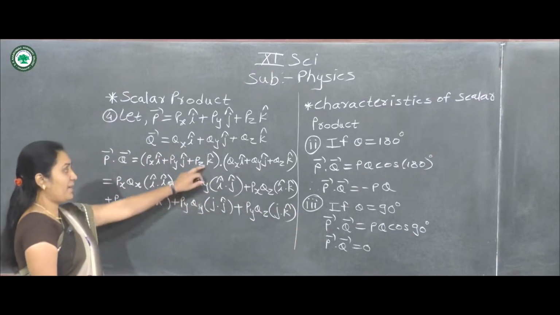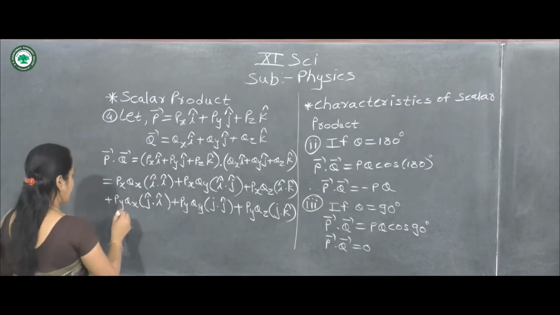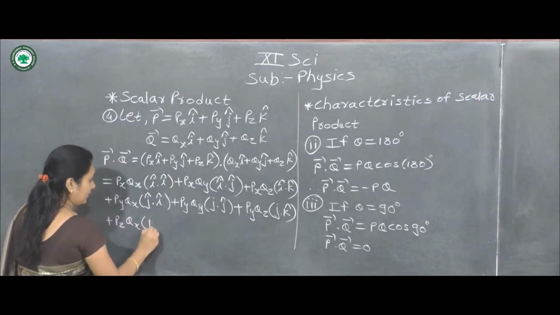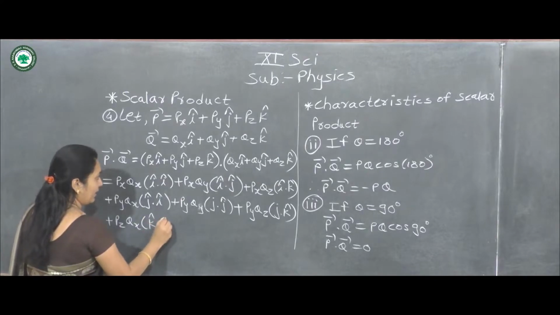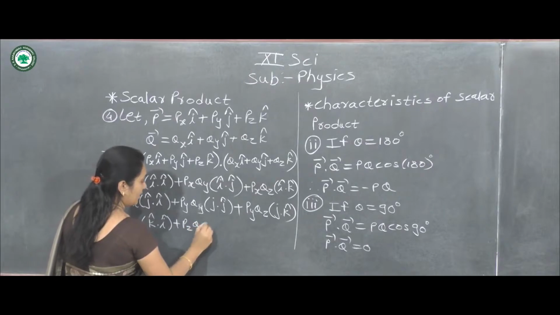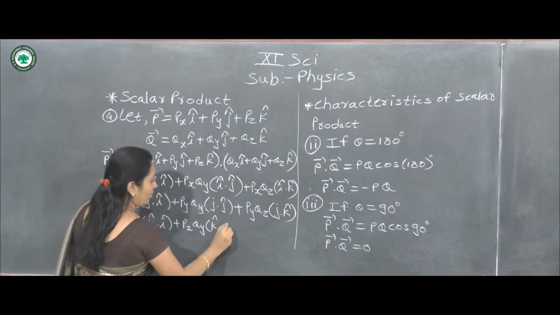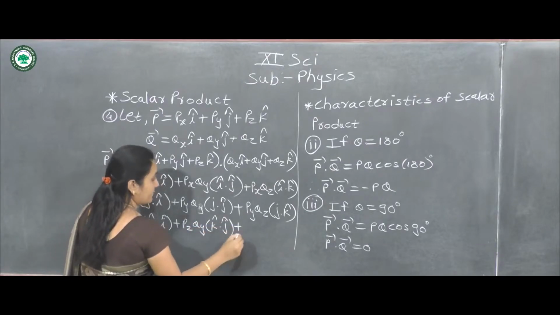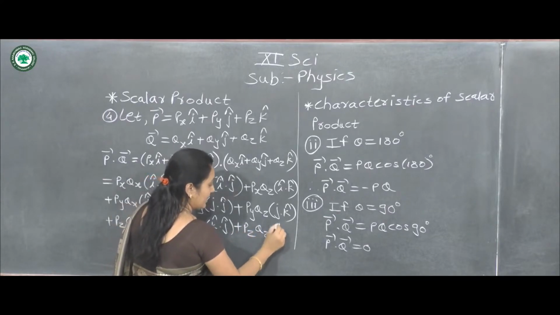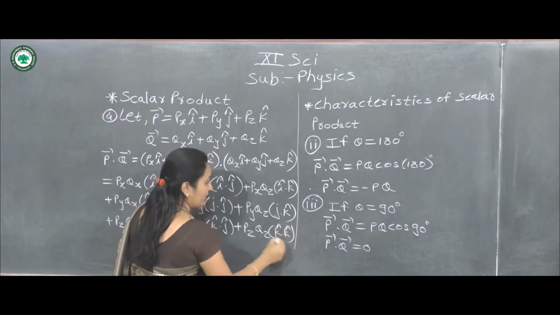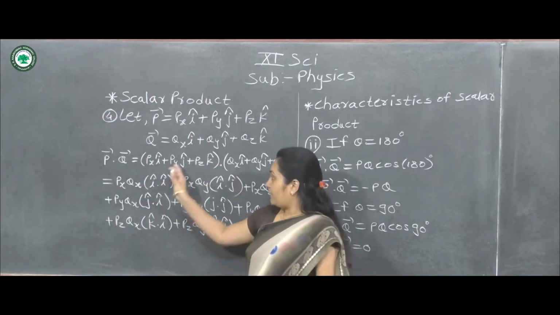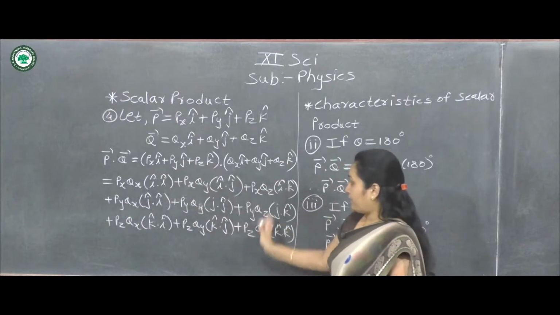Now we will multiply with the third term, that is Pz. So Pz Qx k dot i plus Pz Qy k dot j plus Pz Qz k dot k.